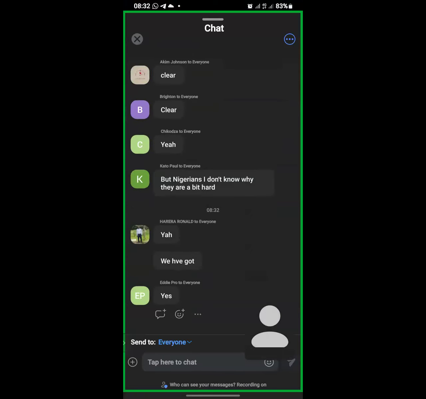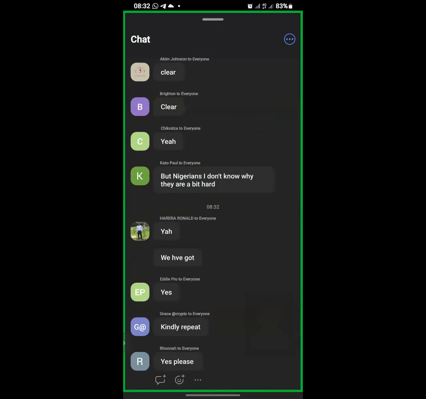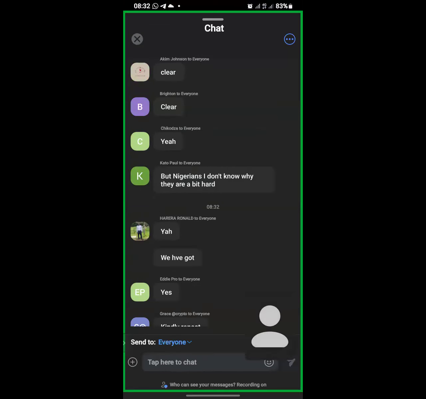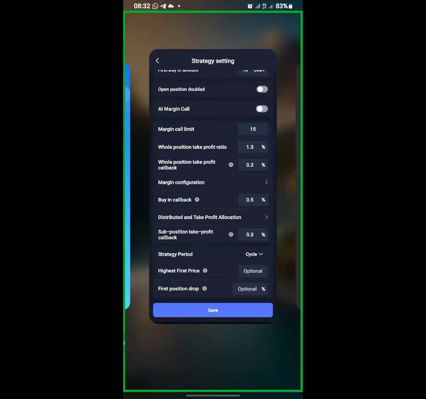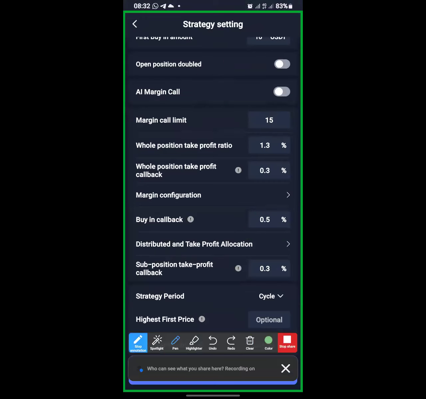Okay, kindly repeat. Okay, I will repeat. What you see here, the whole position take profit ratio, is the percentage you take out of the market.